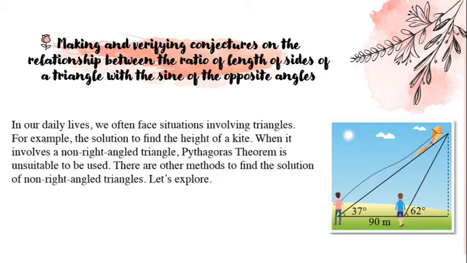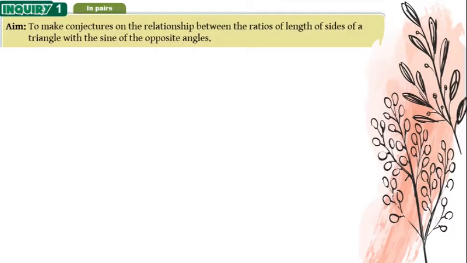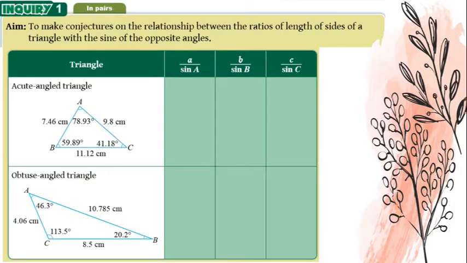So let's explore. Let's do the Inquiry 1 activity. You can refer to your textbook on page 242. This activity aims to make a conjecture on the relationship between the ratio of the length of a side of a triangle with the sine of the opposite angle. There are two types of triangle here: the first one is an acute angle triangle and the second one is an obtuse angle triangle.